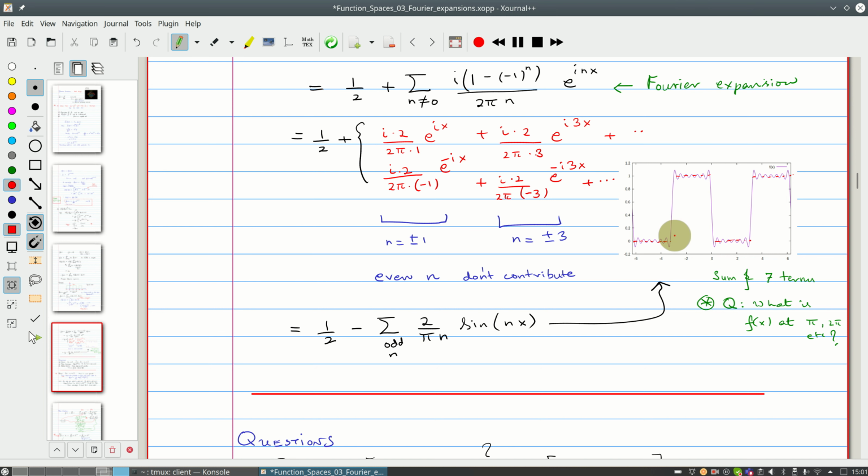If you look at what's happening here, at 0, for example, if I draw a line up here, this function takes on the value of 0.5 at x is equal to 0. Likewise, at x is equal to pi, it takes on the value of 0.5.